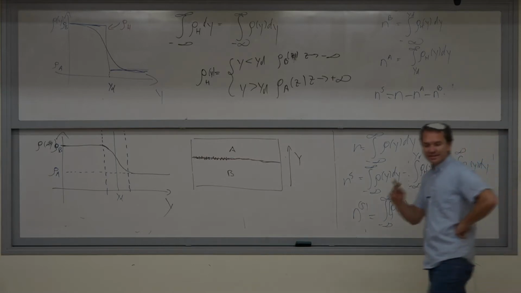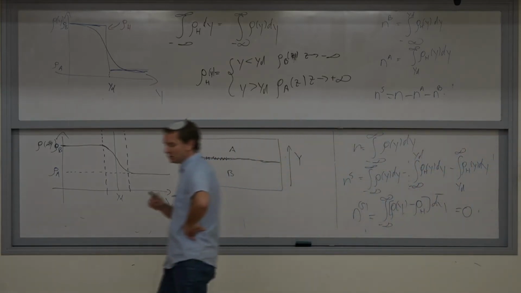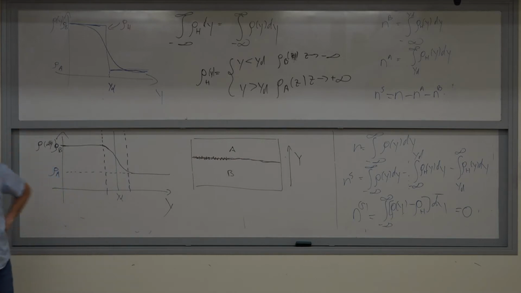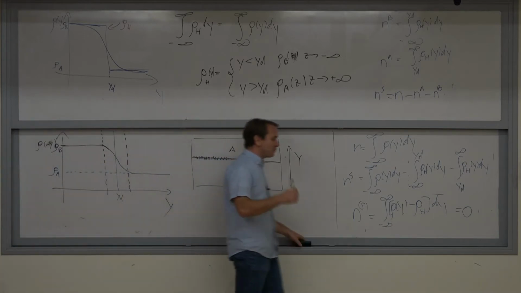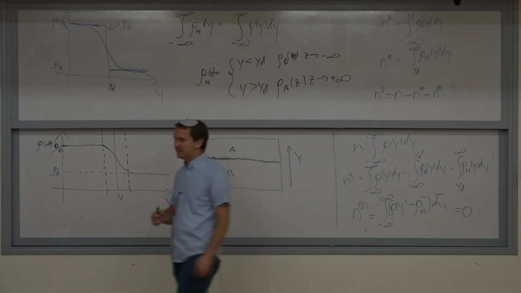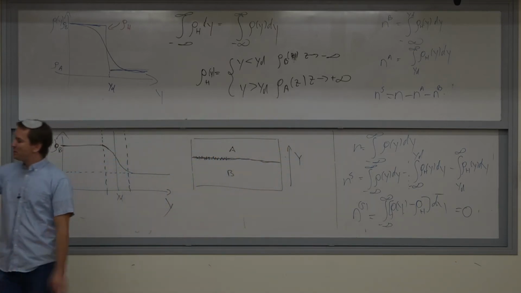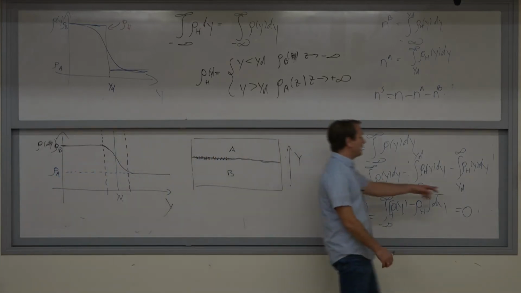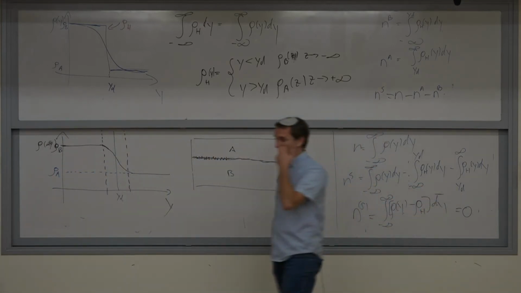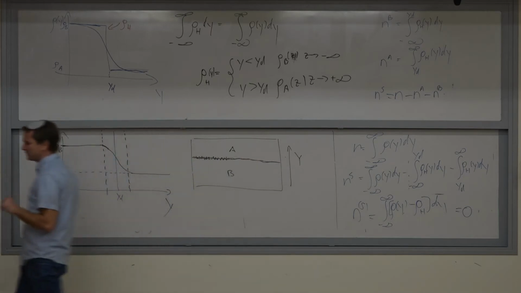And this is the definition of our surface. We want to define it mathematically. And we say, well, the number of particles in the surface is 0. If we take the surface as a line, at which point? At the point yd.